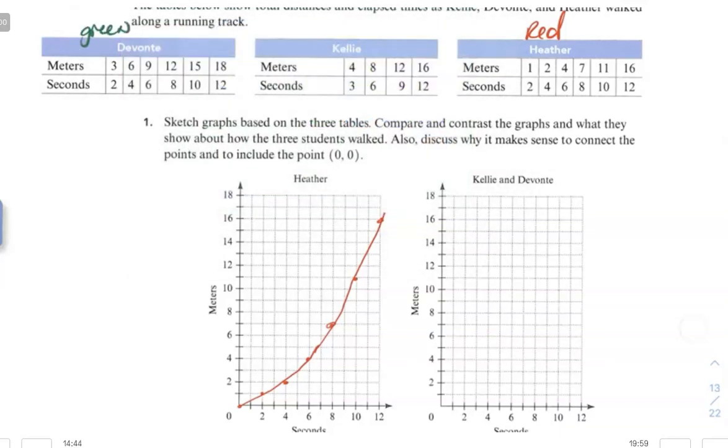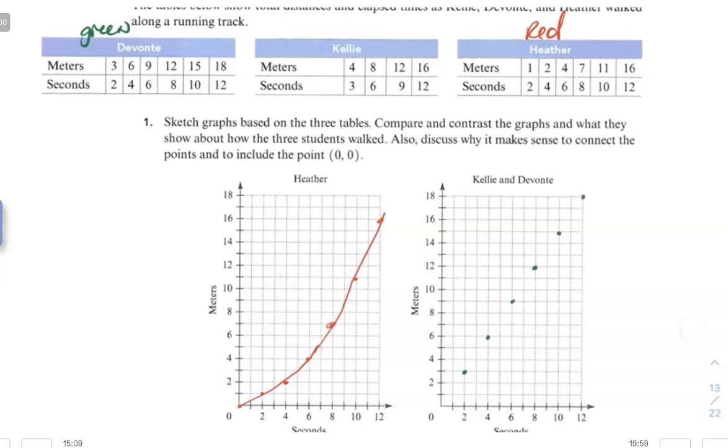And let's try to look at Devontae. I'm going to make Devontae green. So 3 meters in 2 seconds, 6 meters in 4 seconds, 9 meters in 6 seconds, 12 meters in 8 seconds, 15 meters in 10 seconds, and 18 meters in 12 seconds.